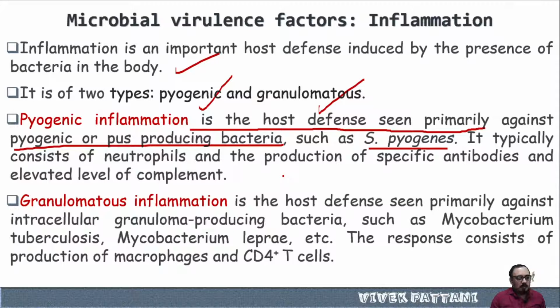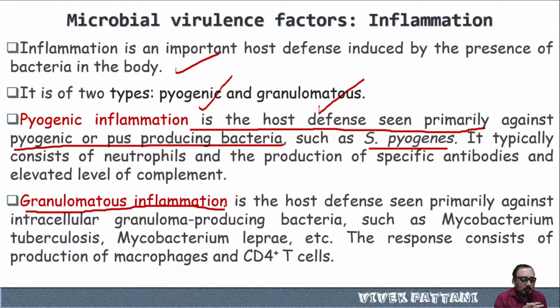So this pyogenic inflammation is present where pus is being produced by bacterial infections.